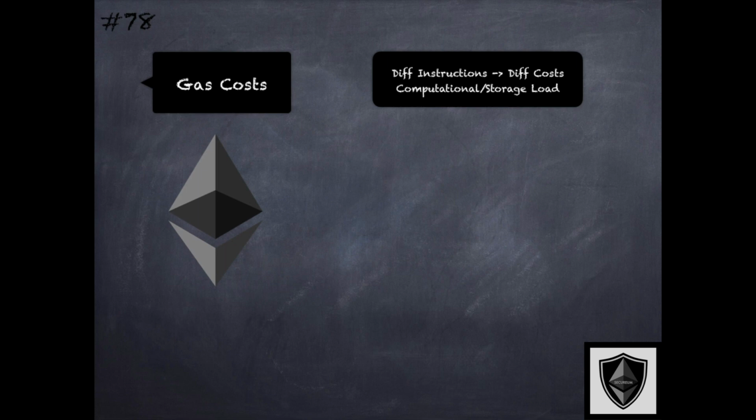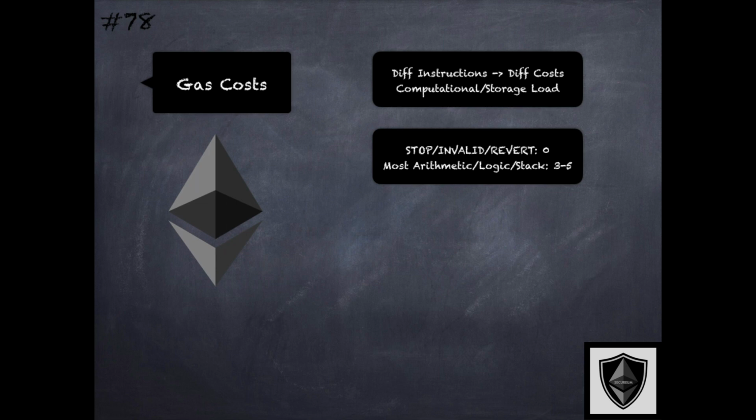All these instructions have different gas costs, and the reason for that is because each of them has a different requirement when it comes to the computation processing power of the executing Ethereum node, let's say the miner, and also the storage requirements, the memory accesses and the disk accesses on the real physical hardware that is running the Ethereum node in the context of a miner or anyone else.